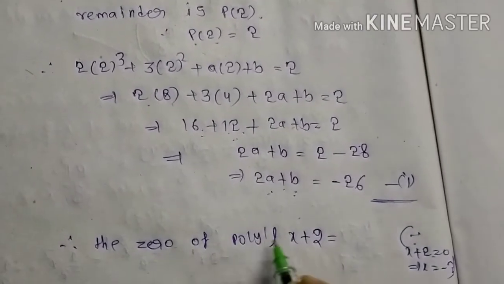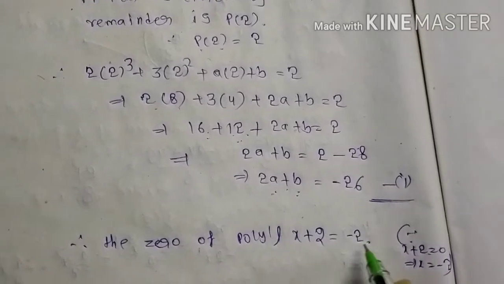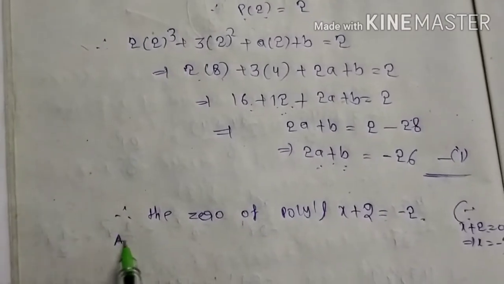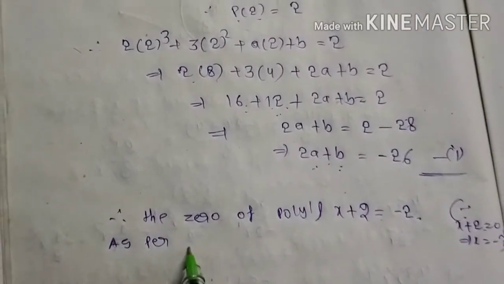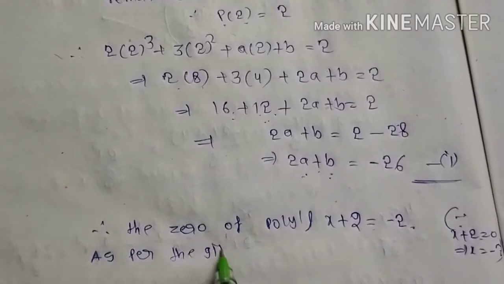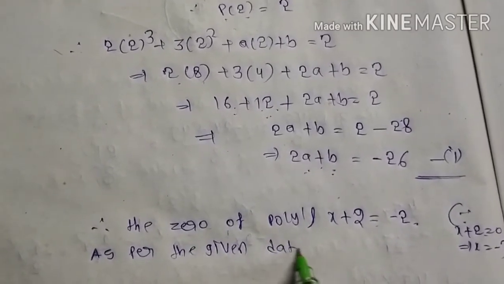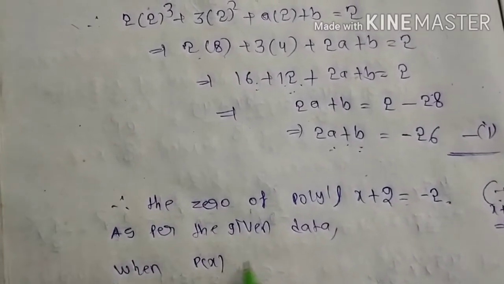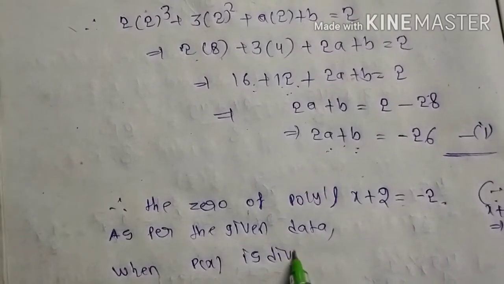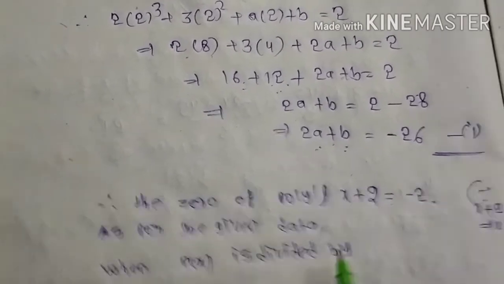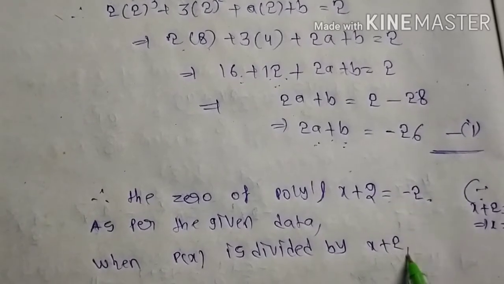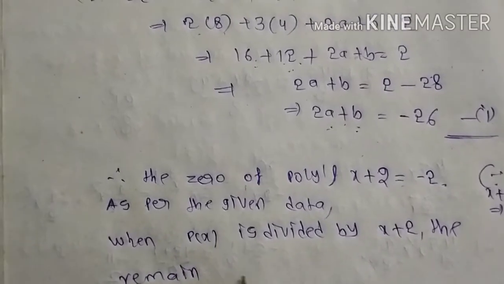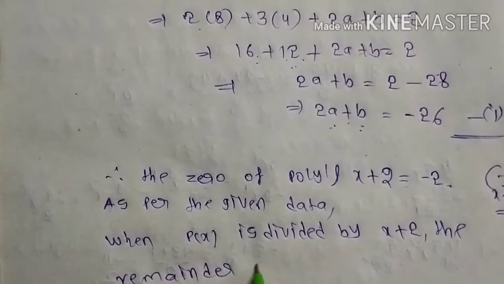That means the zero of the polynomial is minus 2 only. Yes or no? But as per the given data, when p of x is divided by x plus 2, the remainder is how much?